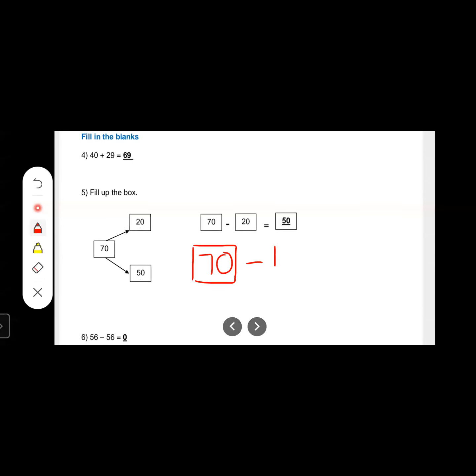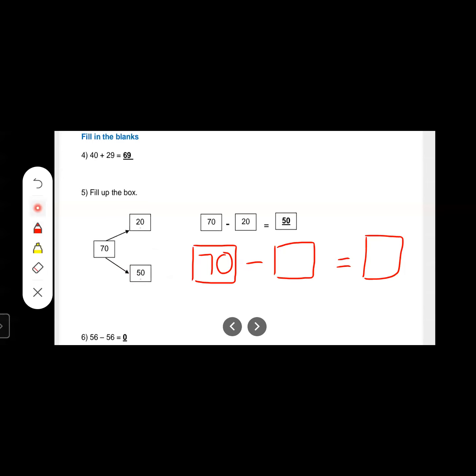Okay. Then another box we have to make. We have to fill up another box. First we wrote bigger number. Then what we have to do, there are two numbers here, 20 and 50.